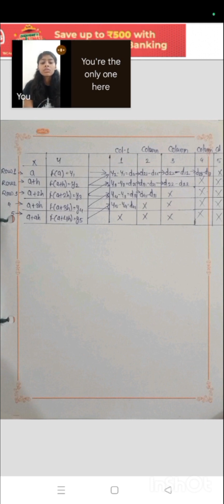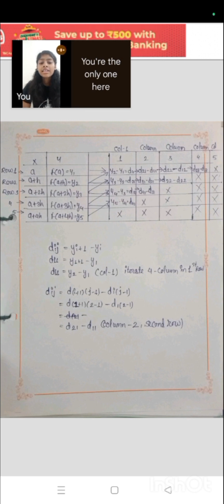So here we understand dij. If j is equal to 1, here we put yi plus 1 minus yi. Suppose we have i is equal to 1, so d11 is equal to y1 plus 1 minus y1, which is y2 minus y1.